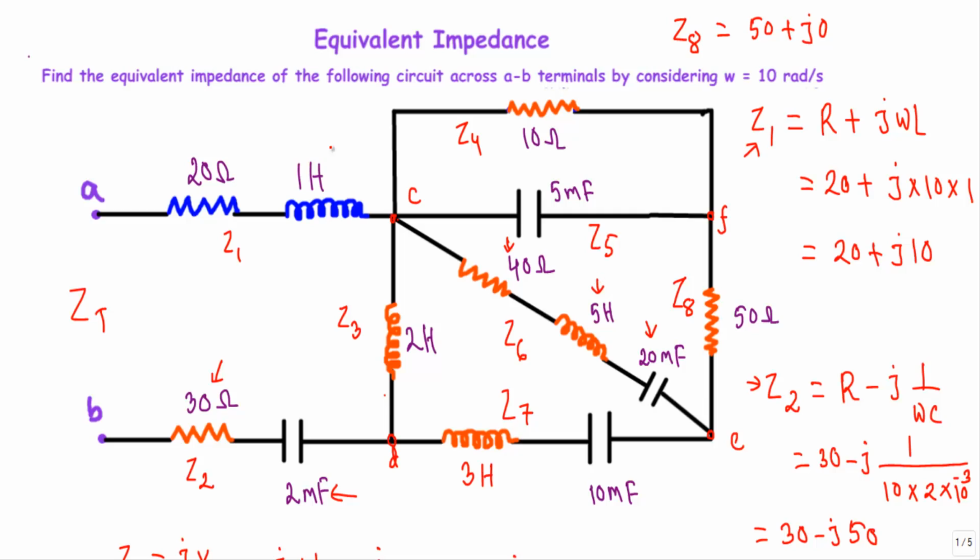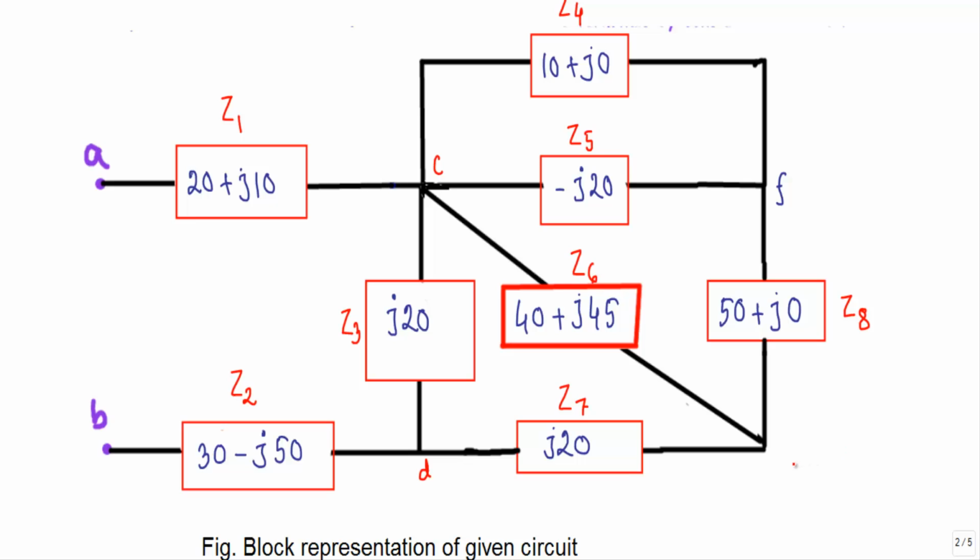Now see, I will replace all the elements with the corresponding impedance block, and that will give us the block diagram of this circuit. See, I have replaced all the branches with corresponding impedances.